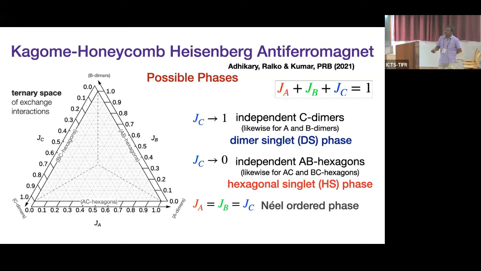So in this phase diagram or phase space, the centroid is the uniform honeycomb. The three corners represent three idealized types of dimer states, either A dimers being independent, or B dimers, or C dimers. And the three sides of the triangle are the ideal AB or AC or BC hexagons.